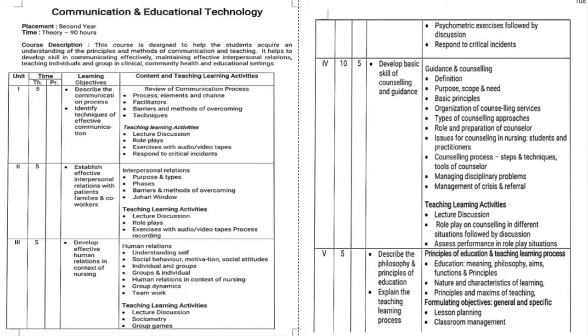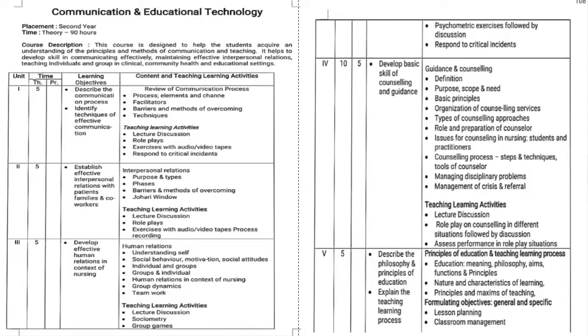Guidance and counseling is completely about developing the basic skill of how to guide people, how to counsel the patient. What are the different counseling levels, what is the counseling process, and how we organize the counseling service.